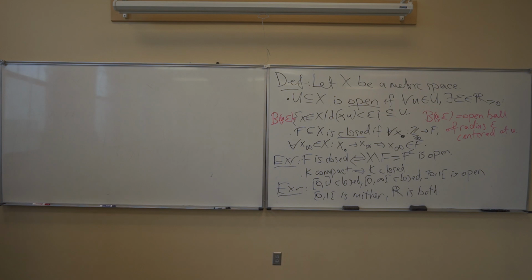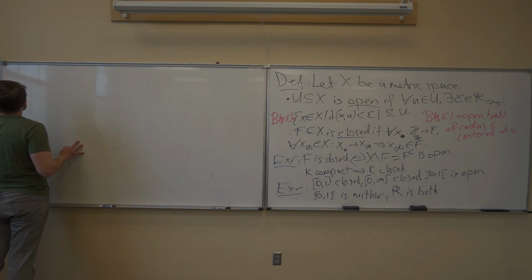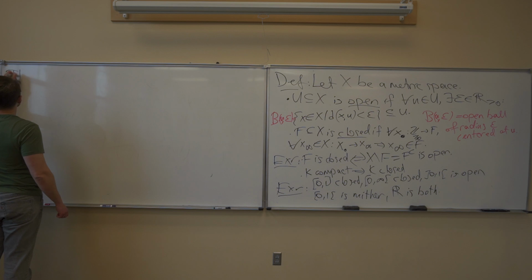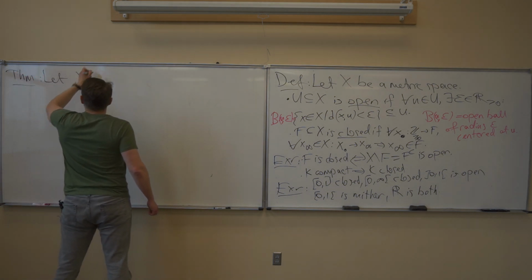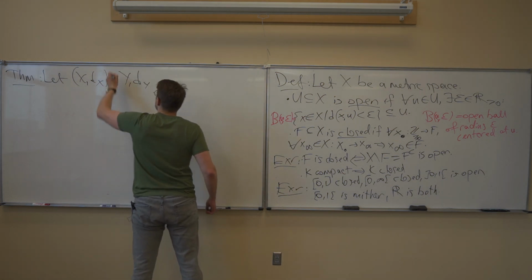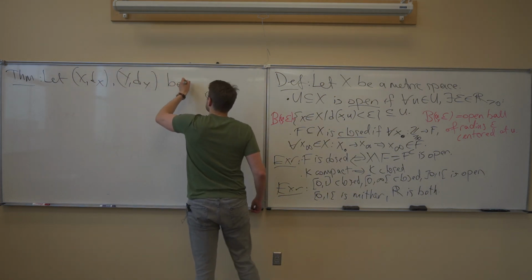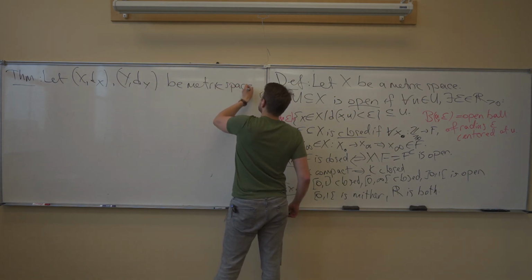So let x and y be two sets, and let d sub y be a metric. In fact, let's just take metric spaces to begin with. Let (x, d_x) and (y, d_y) be metric spaces.